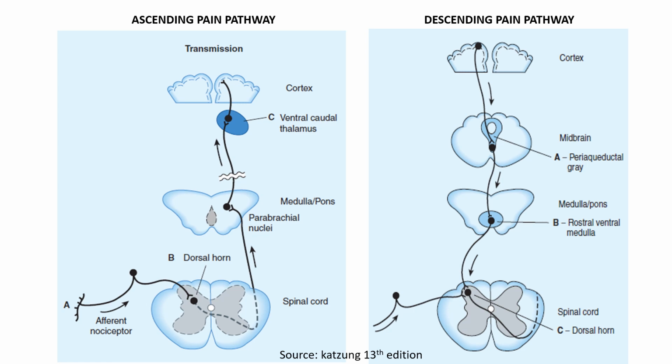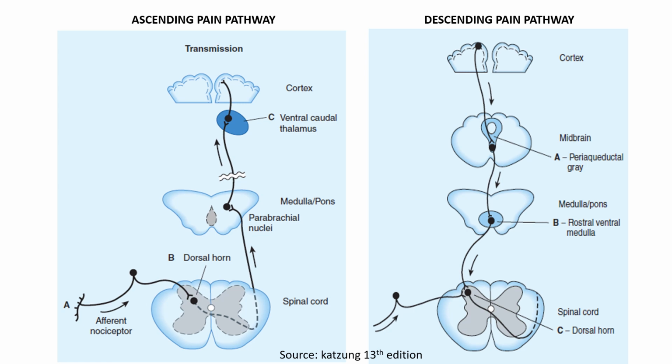From here, the pain impulse travels through the primary afferent neuron and the secondary afferent neuron, and gets relayed in the dorsal horn of the spinal cord. Then it crosses and ascends through the medulla, parabrachial nucleus, pons, and then to the thalamus, where there is a relay, and from there it goes to the cortex. So this is the ascending pain pathway.